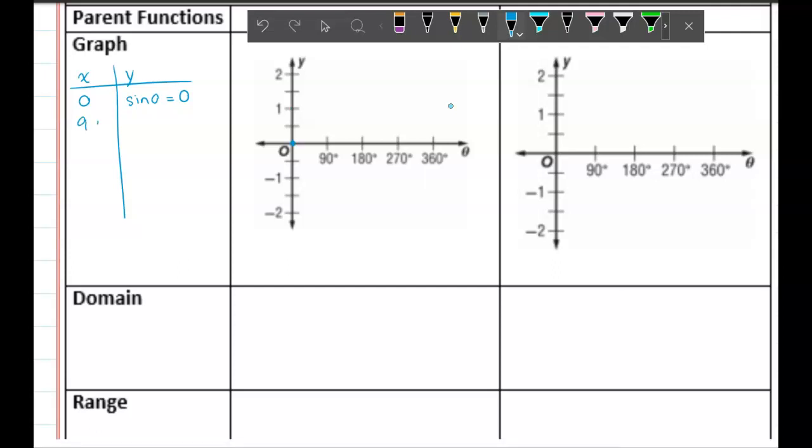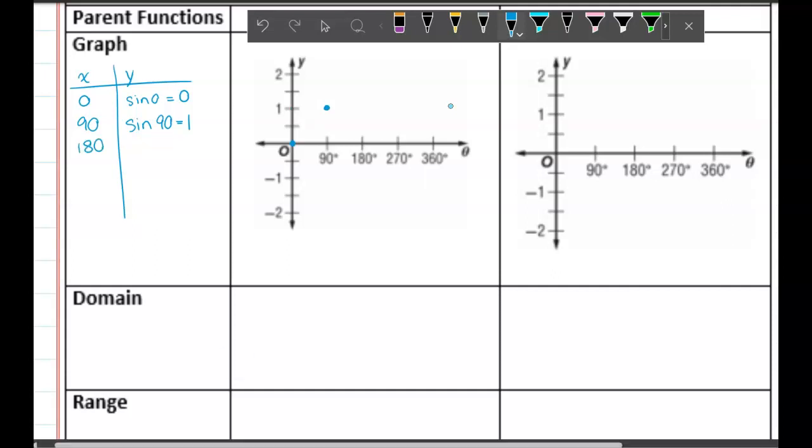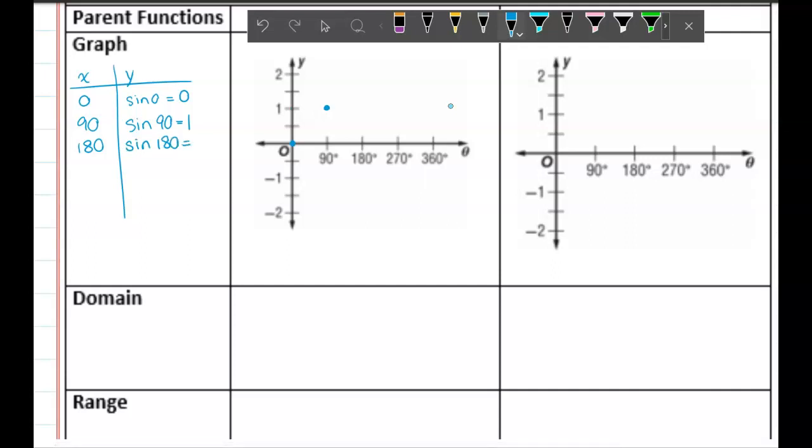If you put in 90 degrees, the sine of 90 degrees is 1. Next up, we have 180. When x is 180, the sine of 180 degrees is 0. And 270, the sine of 270 is negative 1, right about here.